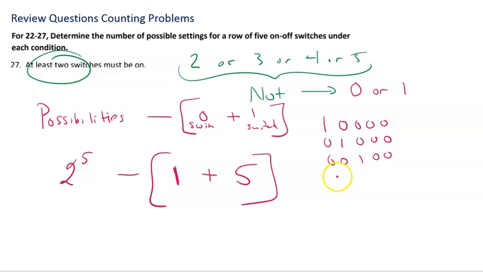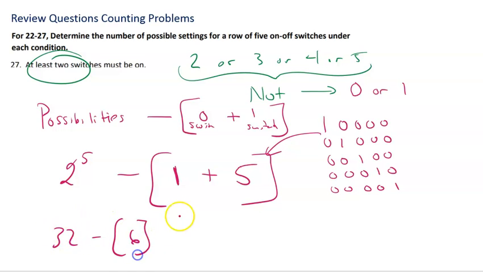Remember, 0 means it's off and the 1 means it's on. Those are the 5 possibilities right there for 1 switch on. And if I calculate that, that's 1 plus 5 is 6. 32 minus 6 is 26 possibilities for at least 2 switches must be on.